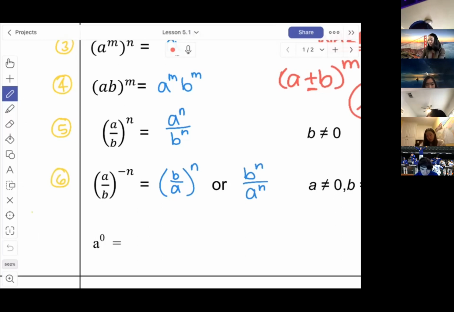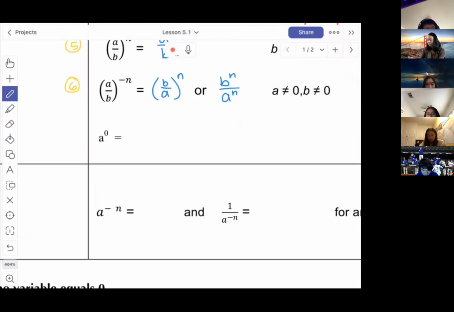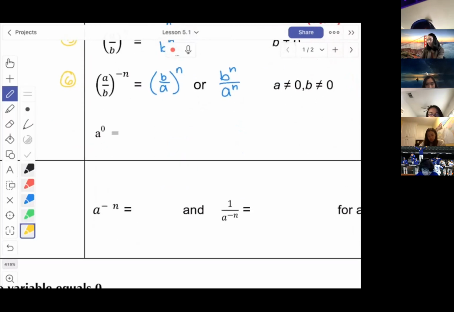That actually goes really well with this bottom part. So let me jump to this real quick. That means if I have a to the negative n, to make that positive, I bring it down. Okay. But if it's already on the bottom and it's negative, to make it positive, I bring it up.